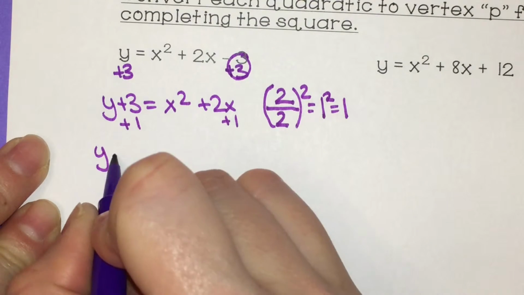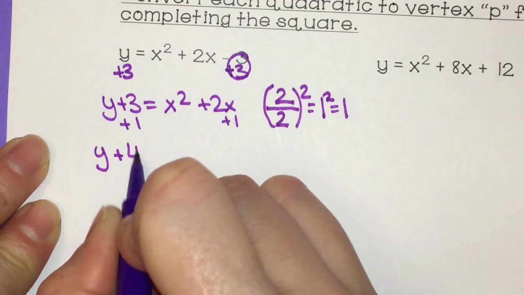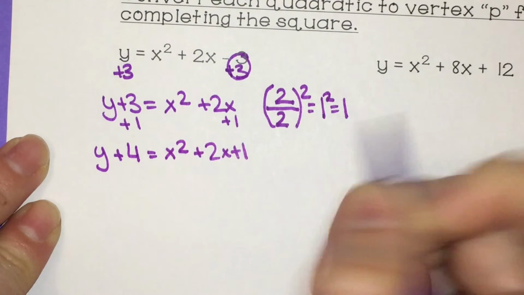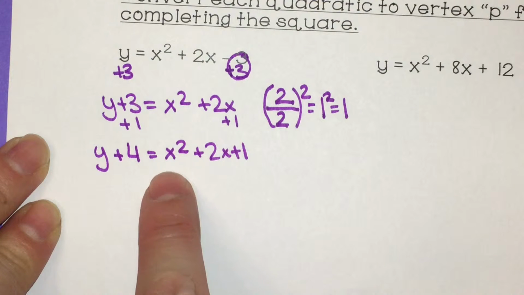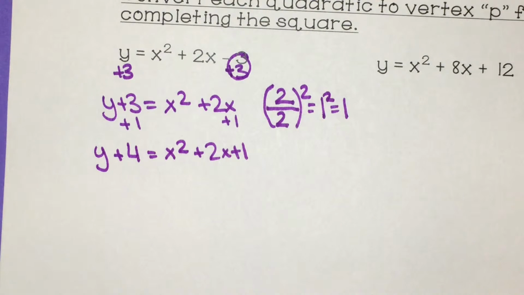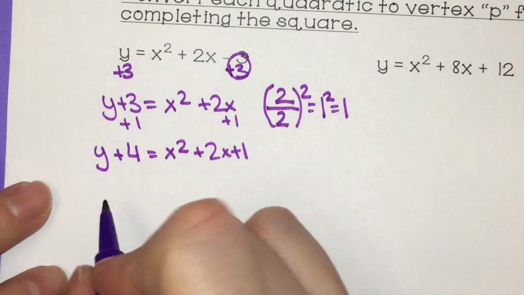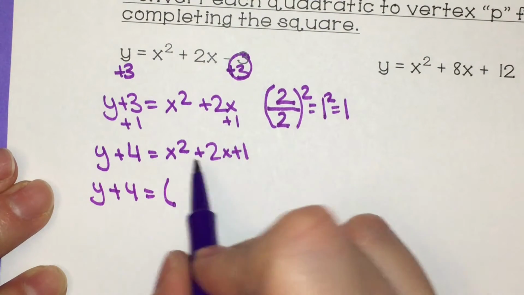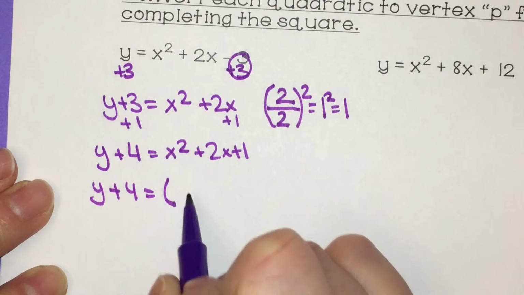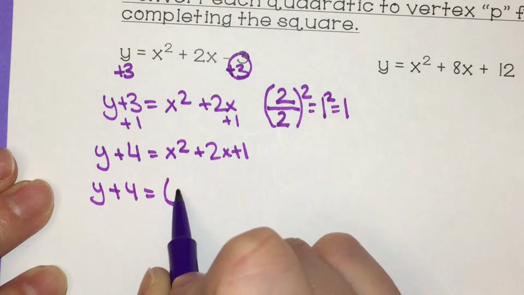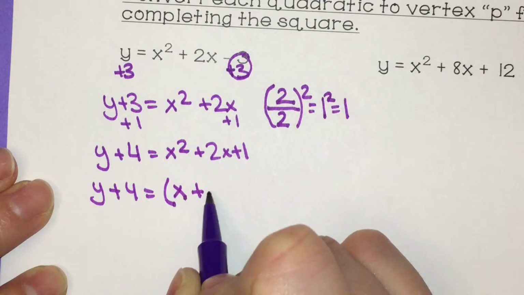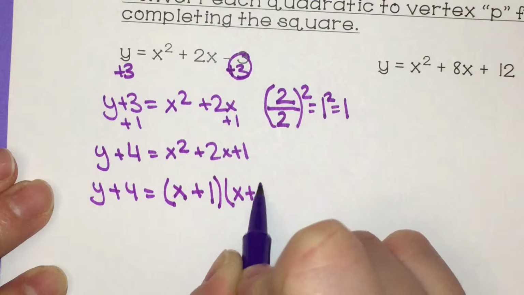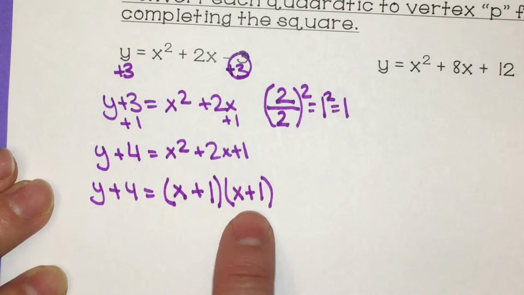So here I have y plus 3 plus 1, which is 4, is equal to x squared plus 2x plus 1. So I've completed the square, meaning now the right side of my equal sign is a perfect square, so I can factor it. So we have y plus 4 is equal to, this factors to the square root of x squared, which is x, plus the square root of 1, which is 1, and it's multiplied by itself: x plus 1 times x plus 1.